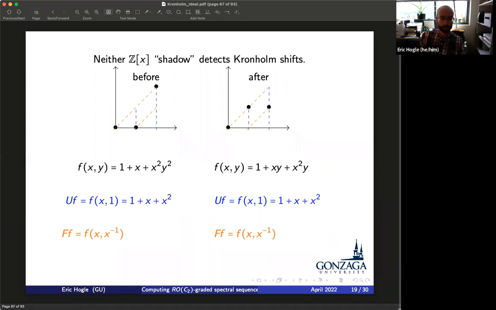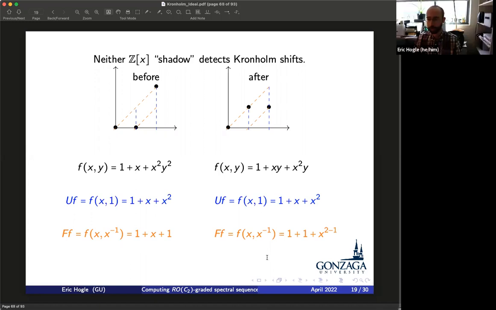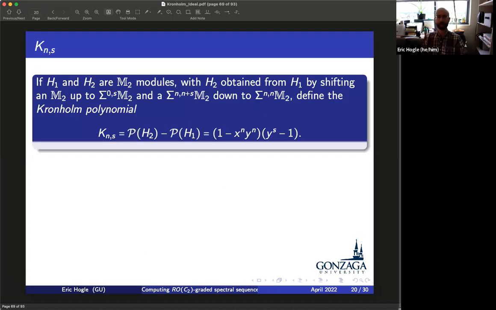If you plug in y equals 1, you get the same thing. And if you plug in x inverse, you get, well, the same thing. So this is maybe an argument that we do need this bigraded theory. What's happening in the shadow of this theory in the non-equivariant world doesn't know that any of this is going on. The old Poincare polynomial is blind to these phenomena.